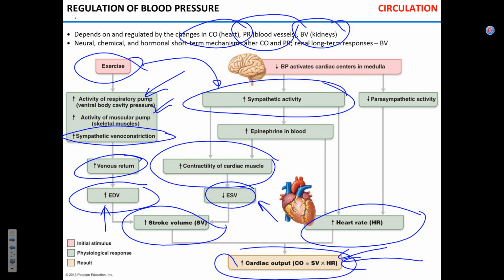That will increase the blood pressure. And this is what we do when the patient has anaphylactic shock. Injection of epinephrine will increase contractility of the cardiac muscle and increase heart rate, increasing blood pressure. Because we're going to talk about shock, whether it's cardiogenic or hypovolemic or circulatory.